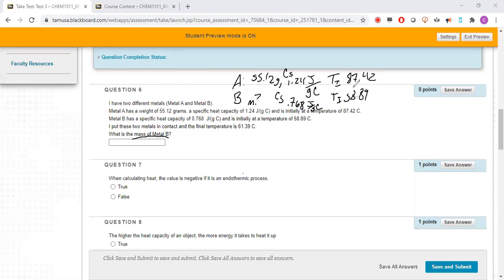So I'm putting these two metals in contact, which means we're exchanging heat. Temperature final for both is 61.39. Therefore, what's the mass of B?